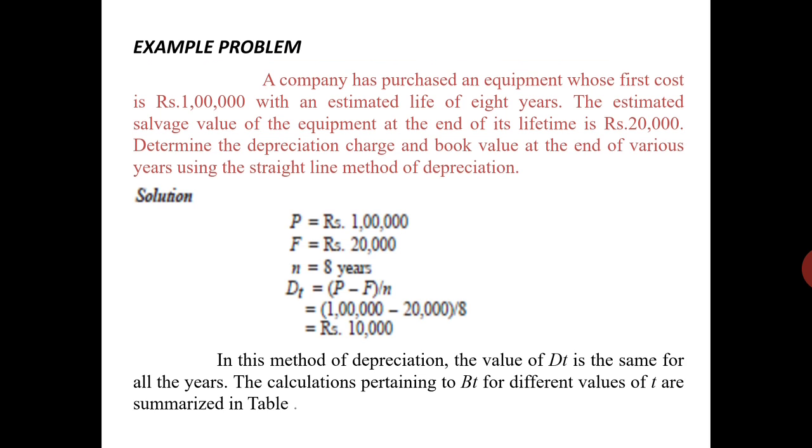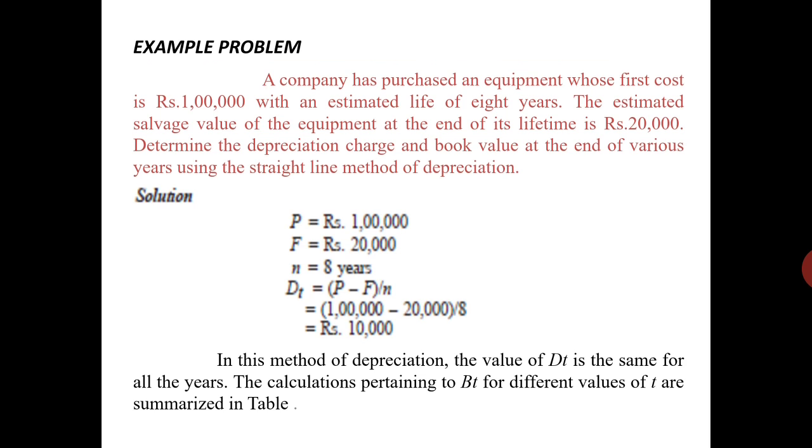Solution. In the problem, a company is going to plan the purchase of an equipment. The initial equipment cost is rupees 1 lakh, that is capital P, and the estimated life is 8 years, so N equal to 8 years. After completion of the 8th year, the value of the equipment is rupees 20,000, so F equal to 20,000.